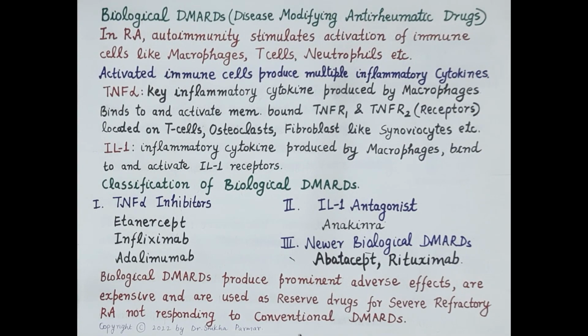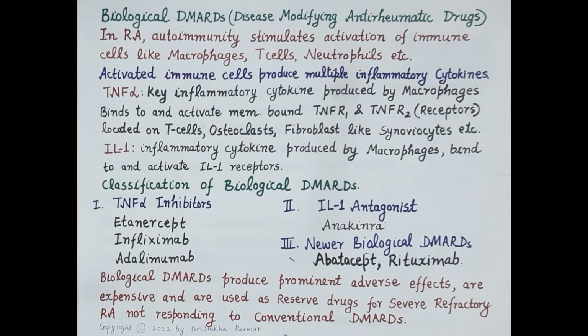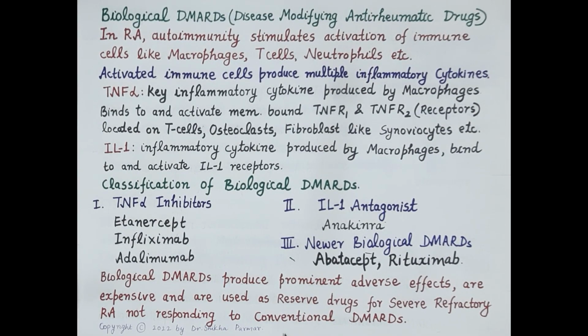Now before discussing pharmacology of biological DMARDs in detail, let's quickly go through the pathogenesis of rheumatoid arthritis and try to understand the exact mechanism by which bio-DMARDs reduce or prevent the progression of rheumatoid arthritis and save the cartilage and bone from the destruction.